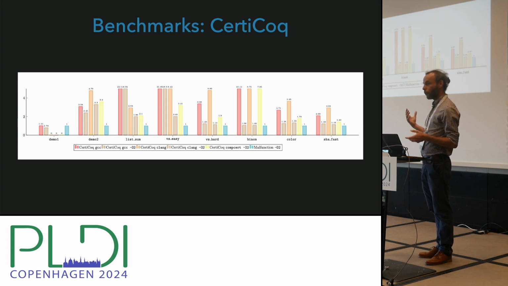In this case, we are always better, but it's to be expected because the CompCert C compiler is not really designed to compile a functional language, whereas the OCaml compiler has been made for that, of course.